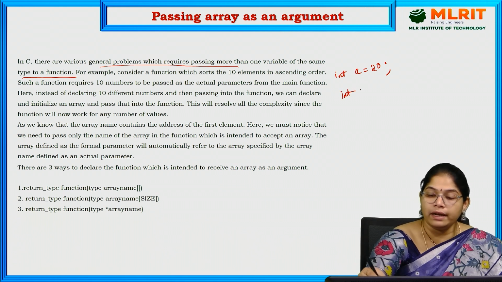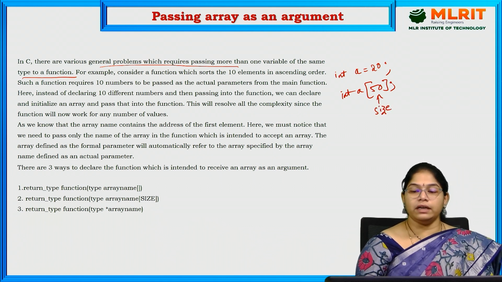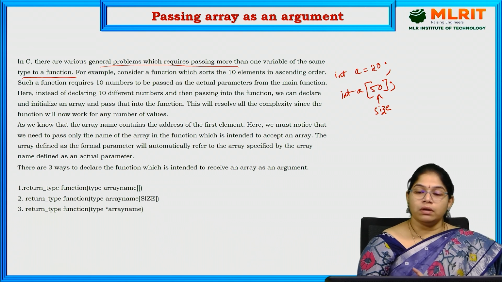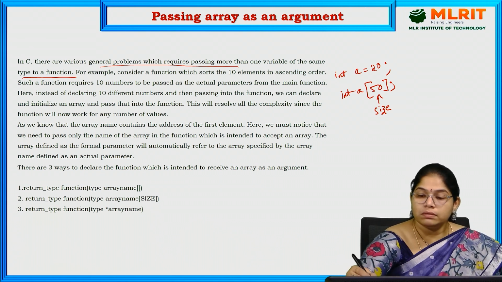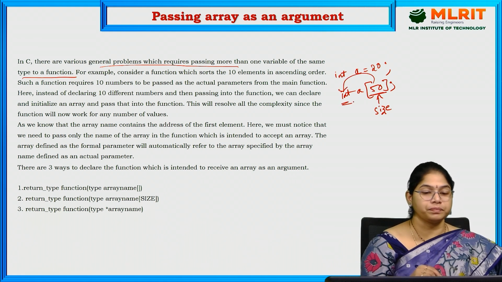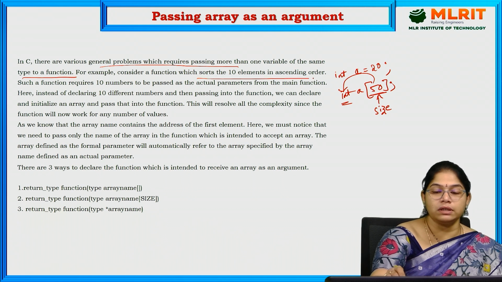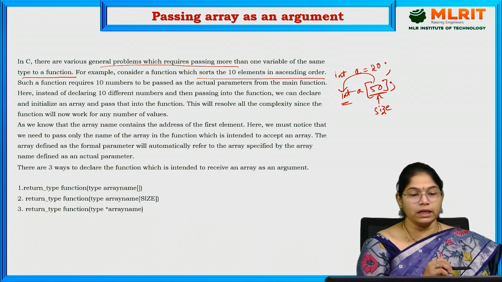Using an array, here I'll mention the size of the array. Using this array declaration, we can store multiple values, that means indexes 0 to n minus 1, and all the values are of type integer. For example, consider a function which sorts certain elements in ascending order.